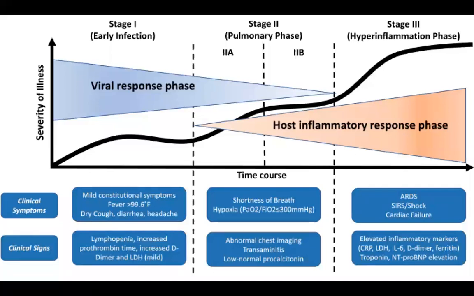I mentioned that early on it is a very sensitive indicator of a bad prognosis in COVID-19, and even LDH. LDH is also associated with a worse prognosis, and increased prothrombin time potentially, but the most consistent finding in this stage would be lymphopenia. And it may not even be severe, and it may not even be accompanied by anything else.